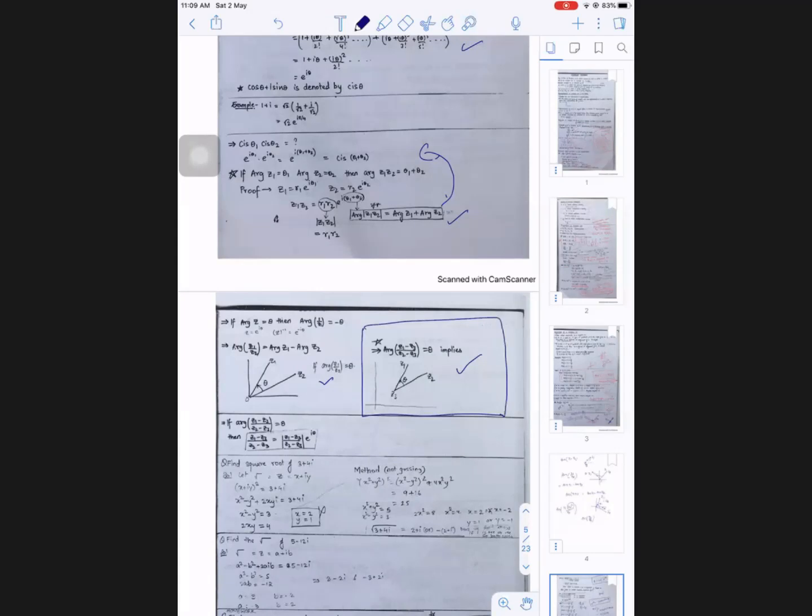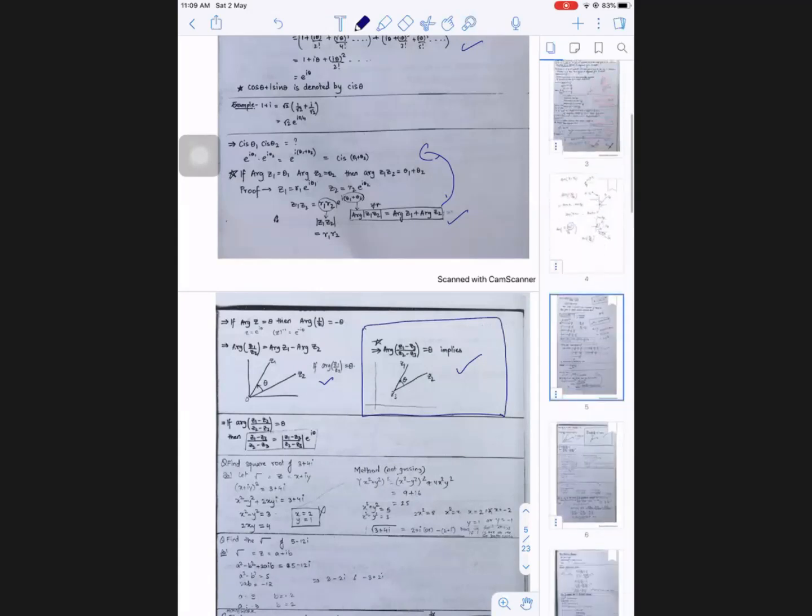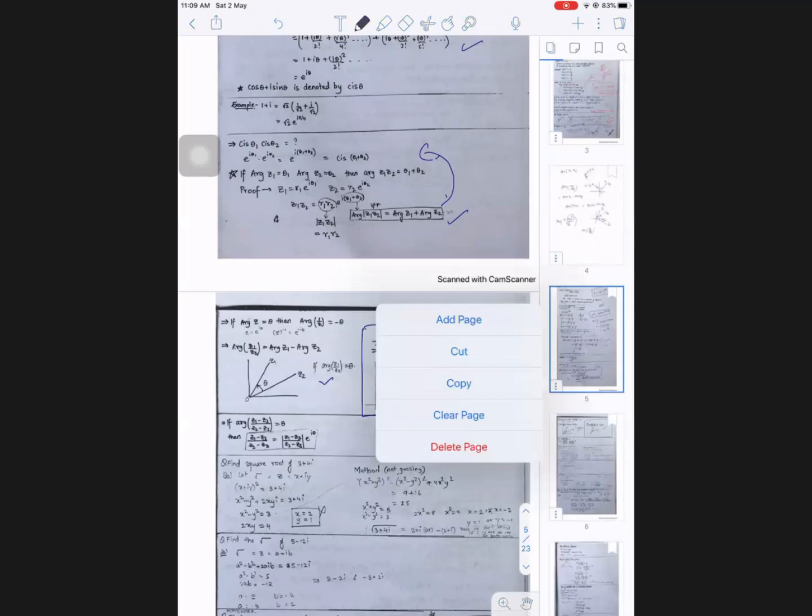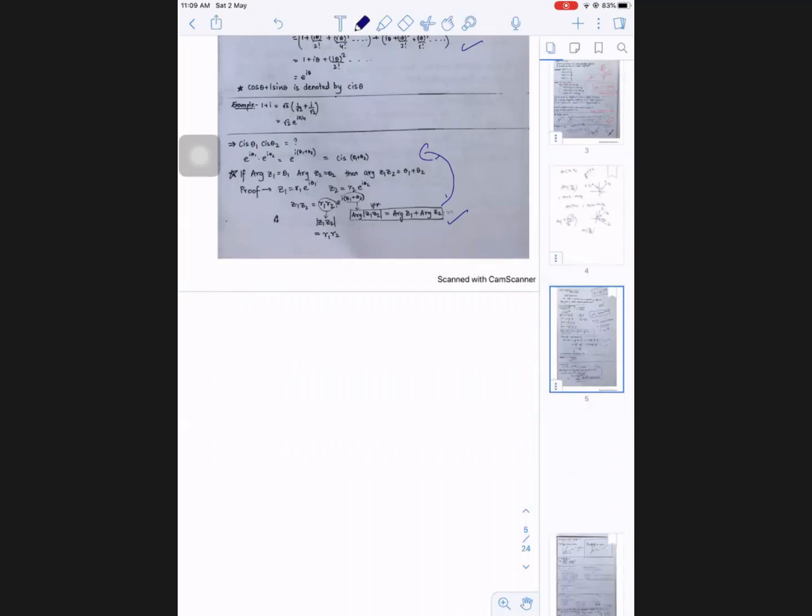Yes, what you are asking is this point only? Yes, sir. But in the numerator you take z3 minus z1, sir. Just take the minus out in that case. So what you have to remember is argument of (z1 minus z2) by (z3 minus z2). What this represents, always you have to remember this point.